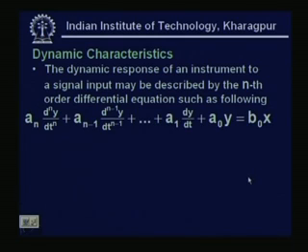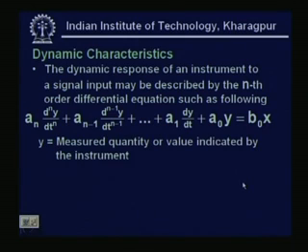It looks like the nth order derivative of y with respect to t plus the (n minus 1)th derivative of y with respect to t, and so on until it is a1 multiplied by dy/dt plus a0 y equal to b0 x, where y is the measured quantity or value indicated by the instrument, right. x is the input quantity.